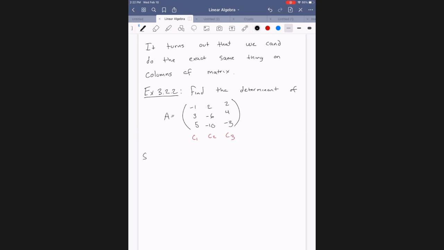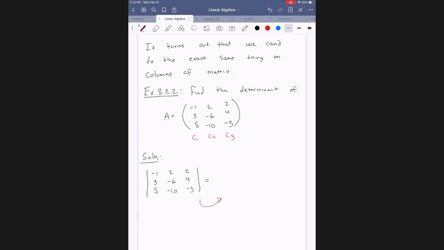All right, so let's do the same thing, but with the columns now. So let's take the determinant of that matrix, -1, 3, 5, 2, -6, -10, 2, 4, -3.